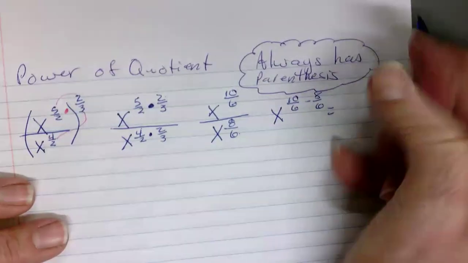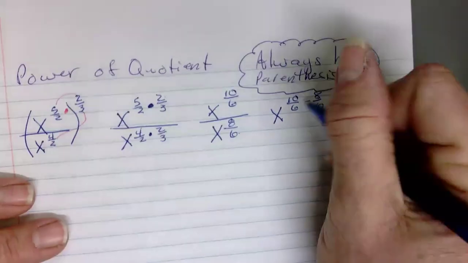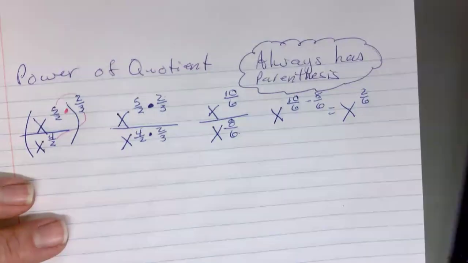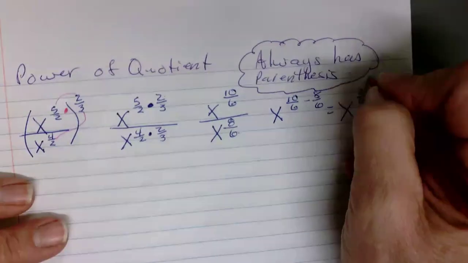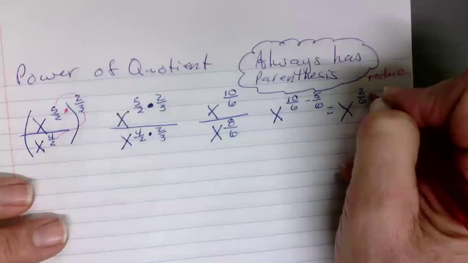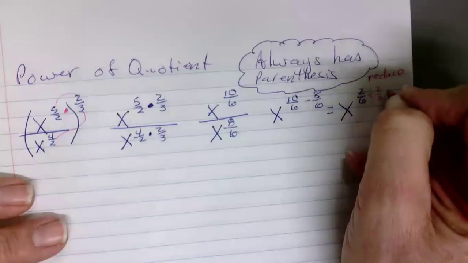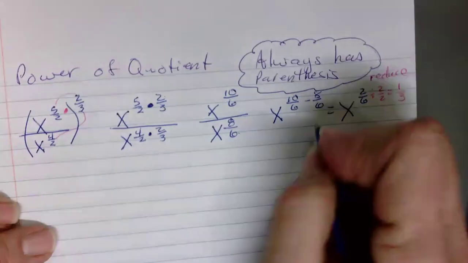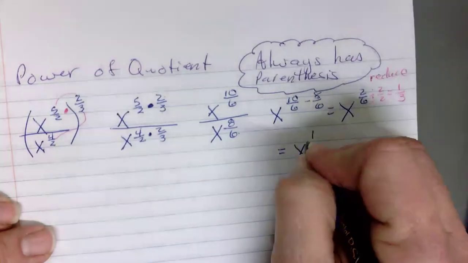And then we get x to the 10 minus 8 is 2 over 6. And then we need to reduce. Divide by 2 over 2 equals 1/3. So our answer is that it equals x to the 1/3.